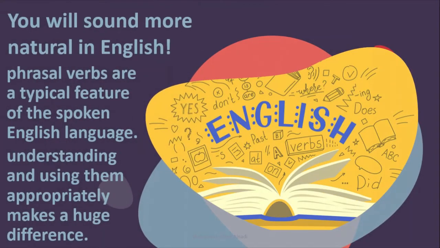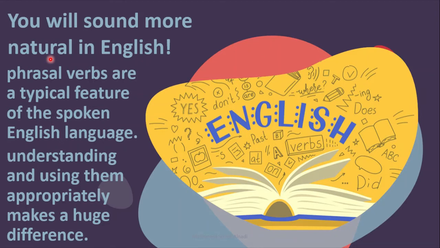The second importance, let me say, is to be more natural, or sound more natural in English. There's a common problem that English learners struggle with: sounding overly formal in casual conversation. If you want to speak English comfortably, you need to learn how to vary your vocabulary according to the context.